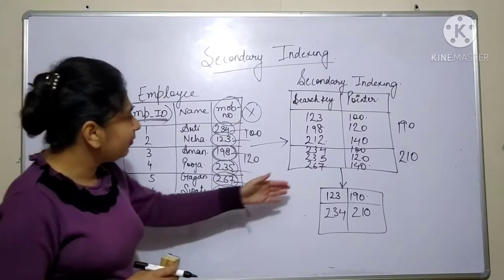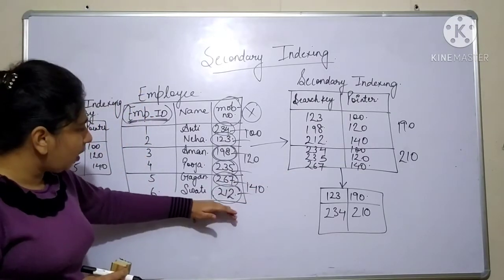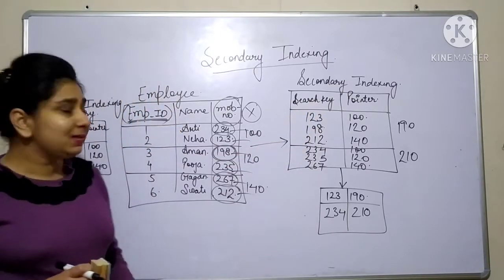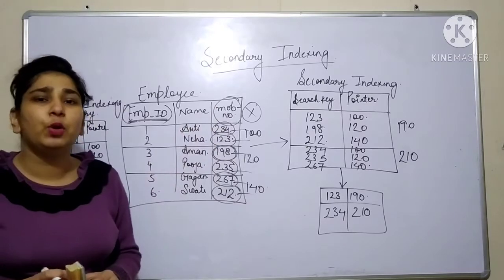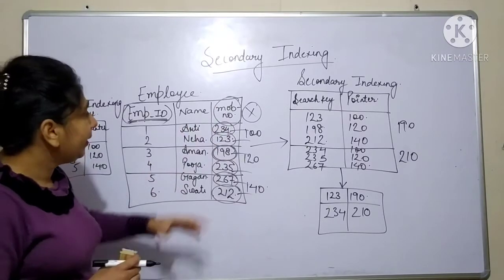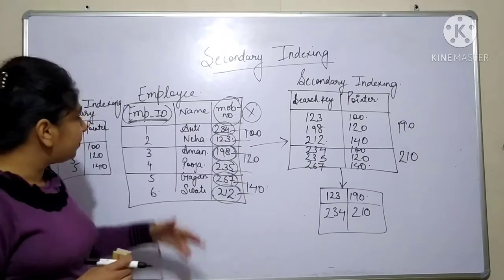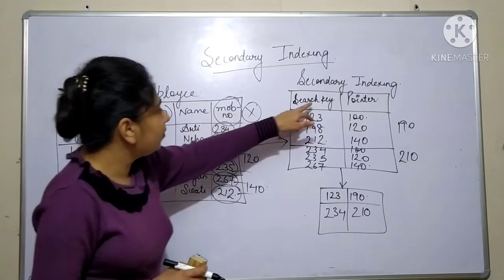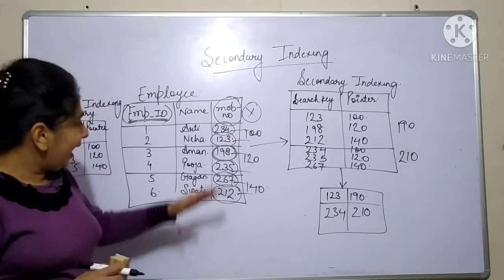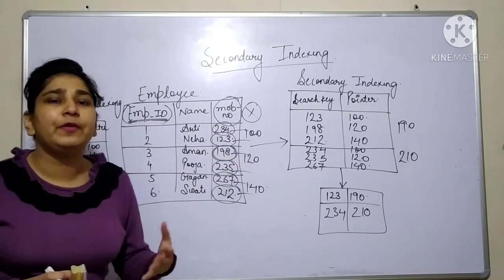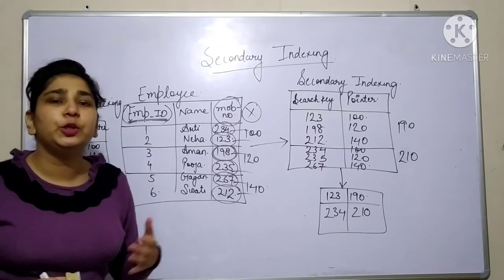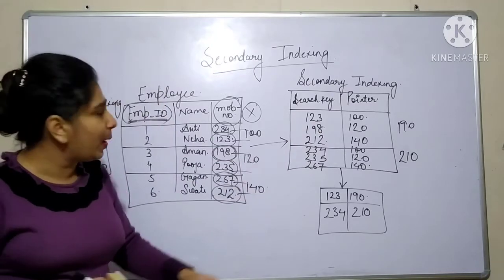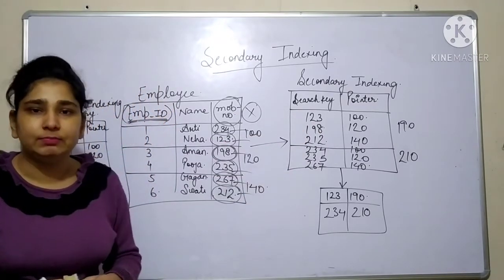So how will we do indexing of this attribute? In this case, my search key is the mobile number, and we are storing all these mobile number values in this table.